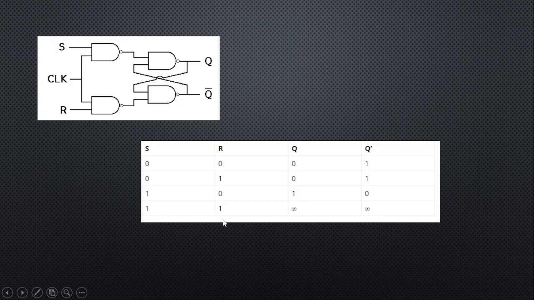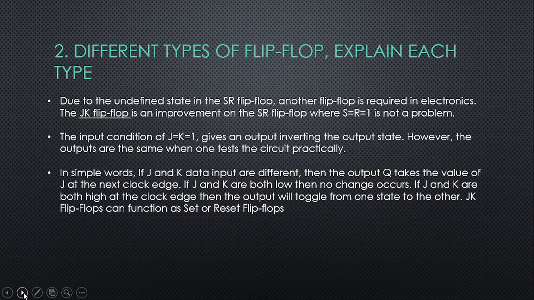The major issue with this SR flip-flop is what happens if S and R are both logic 1. The invalid input happens because there is no direct output for the flip-flop to settle on, because both S and R are high, so it becomes invalid.